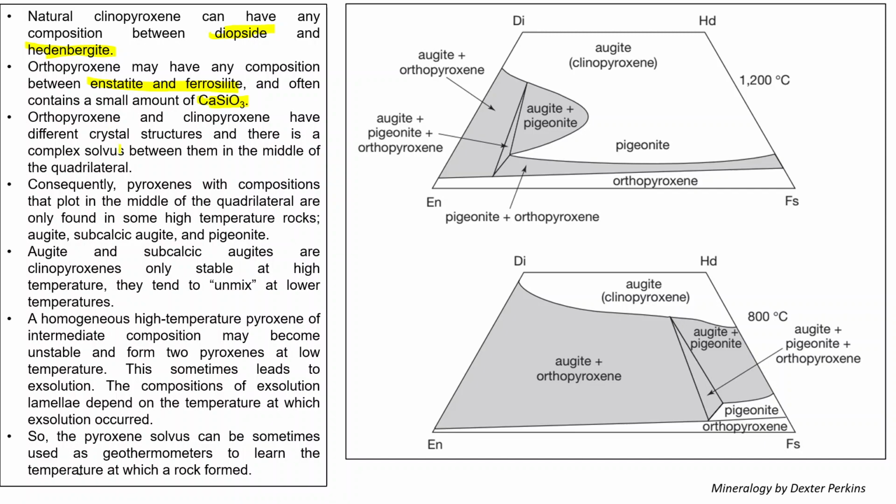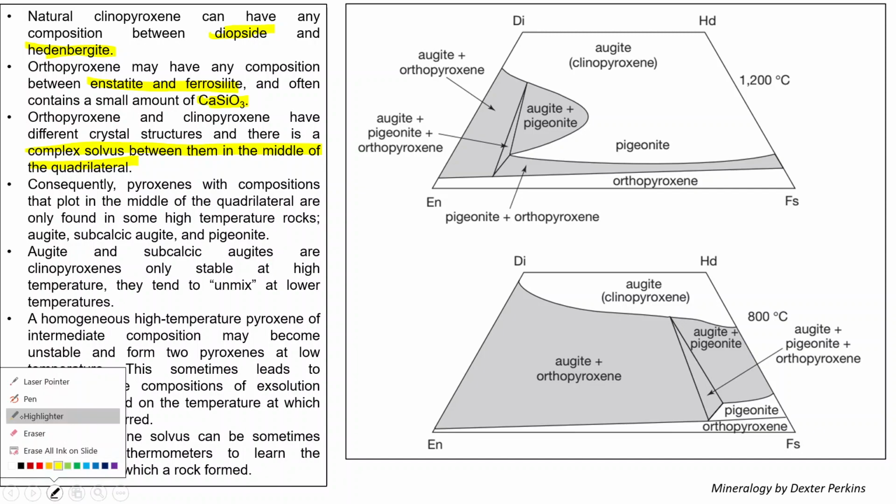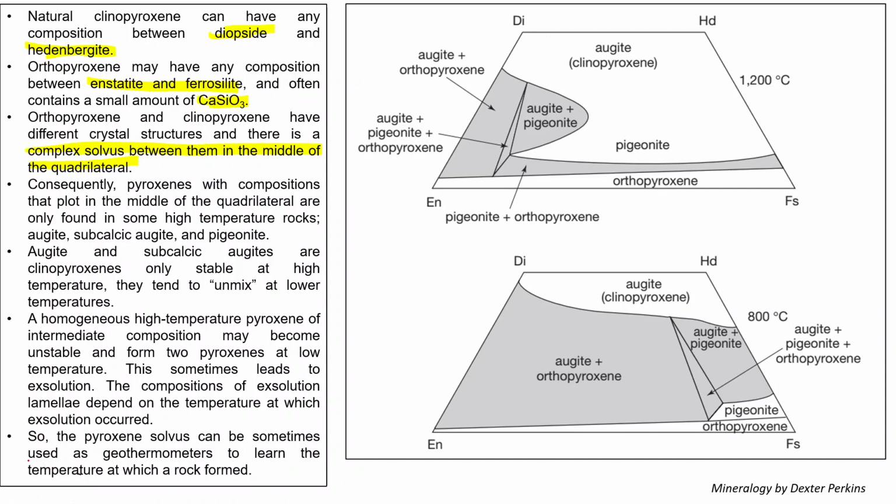Orthopyroxenes and clinopyroxenes have different crystal structures, and there is a complex solvus between them in the middle of the quadrilateral. So you can see here that in this pyroxene quadrilateral there is a complete solvus between the two types of pyroxene.